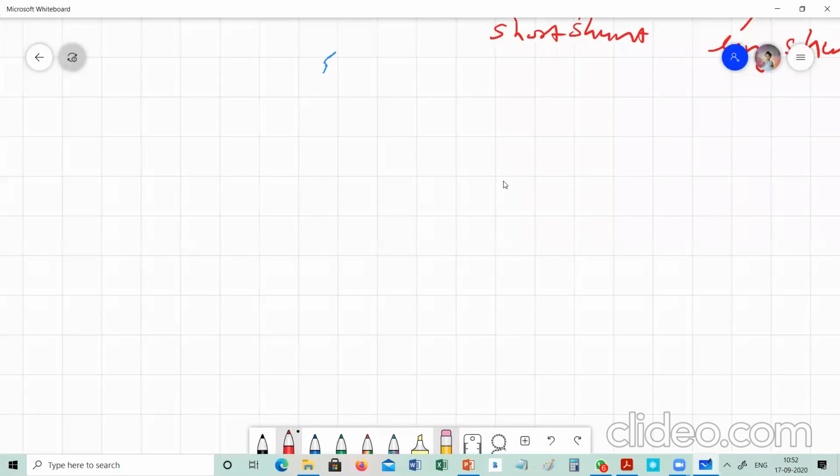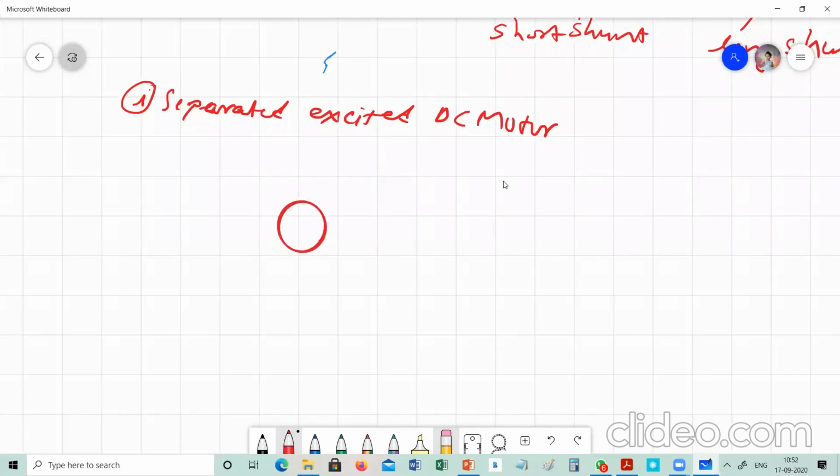The main types of DC motors are, first, the separately excited DC motor. Its structure will be like this. The armature is given a separate DC supply of V. Armature winding we can denote as A1 and A2.